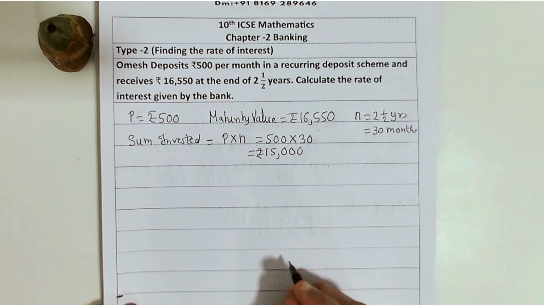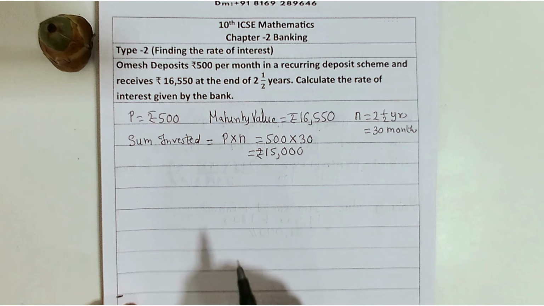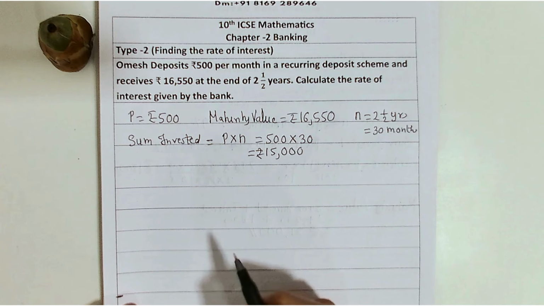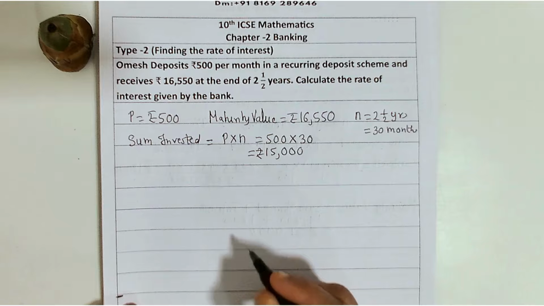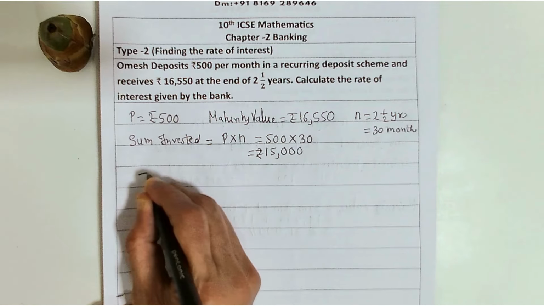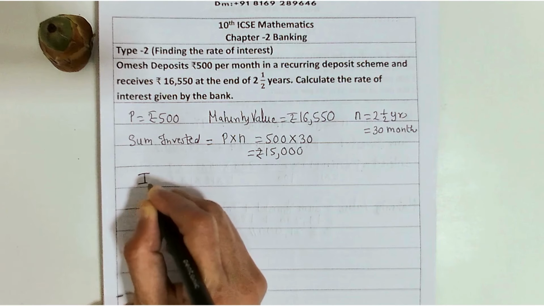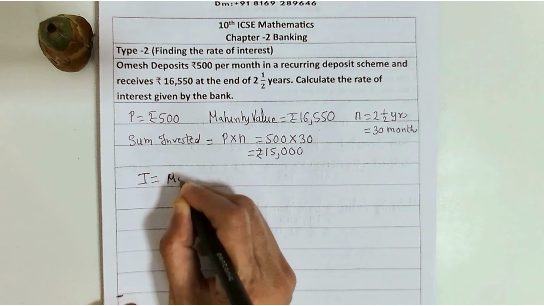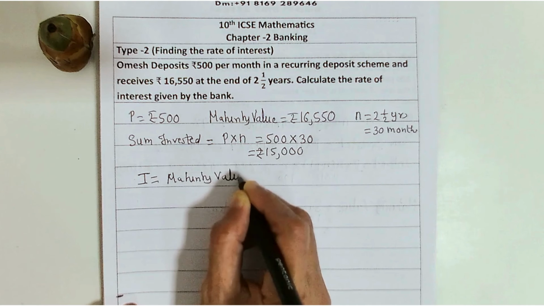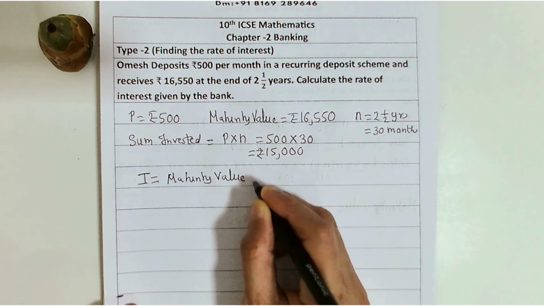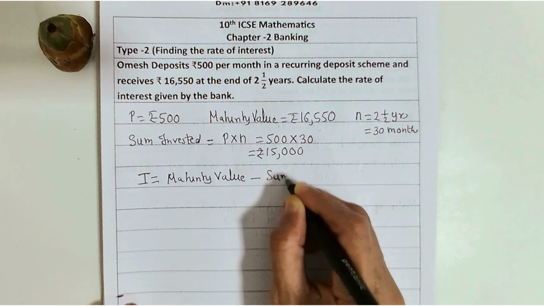Now, the difference between this, many students don't understand and they use a bigger formula. Instead of using the big formula, we'll introduce one new formula. Interest. What is interest? Interest is the difference between maturity value and sum invested.